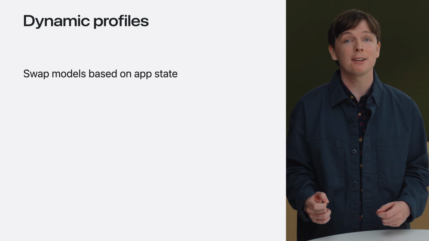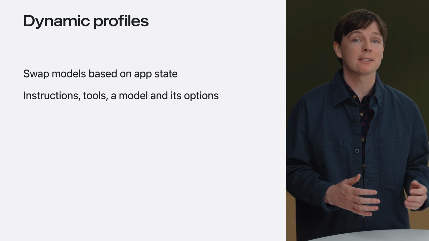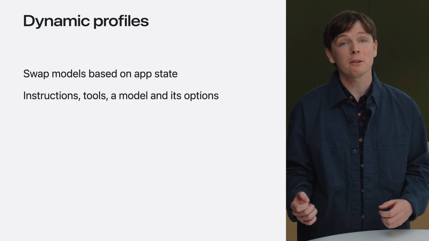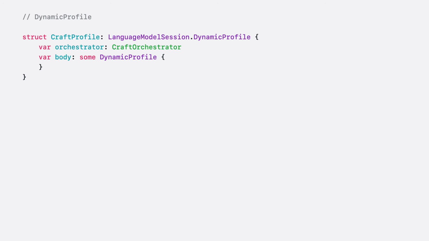Dynamic Profile allows you to declare individual profiles which represent a configuration state or agent in your language model session. A profile is made up of instructions, tools, and modifiers for configuring things like the model, temperature, sampling mode, and more.